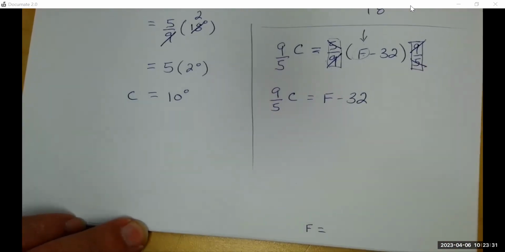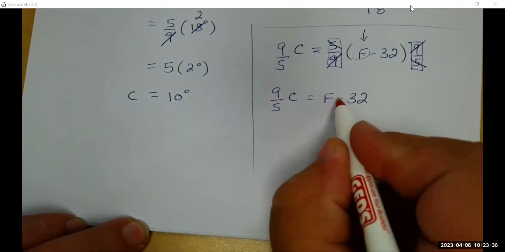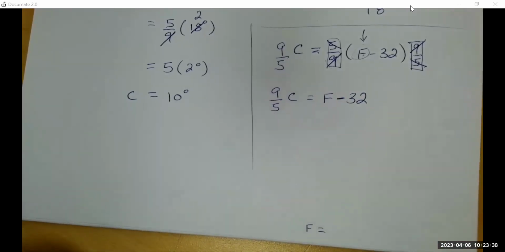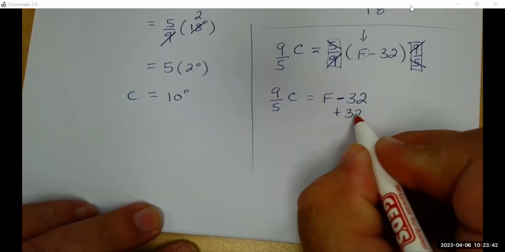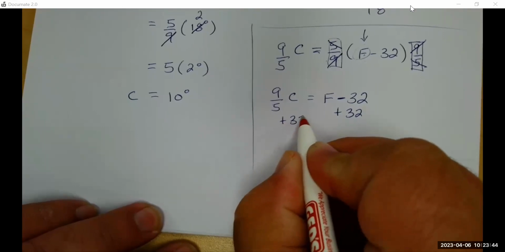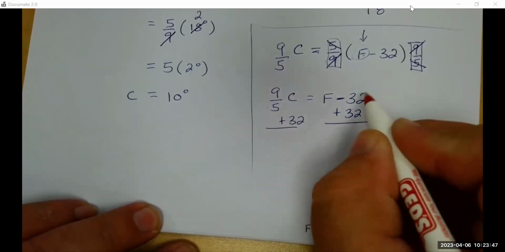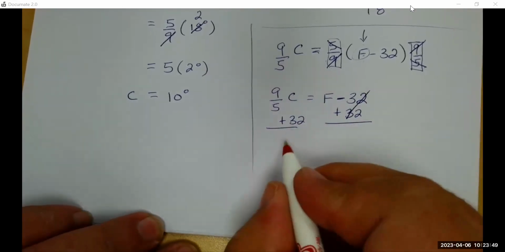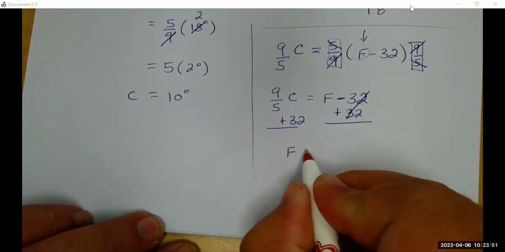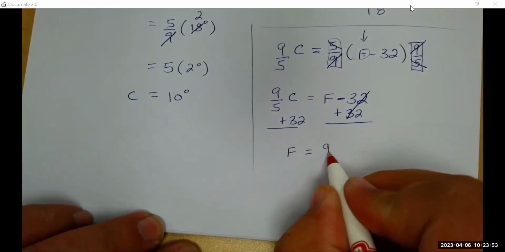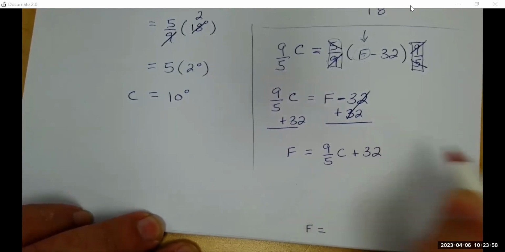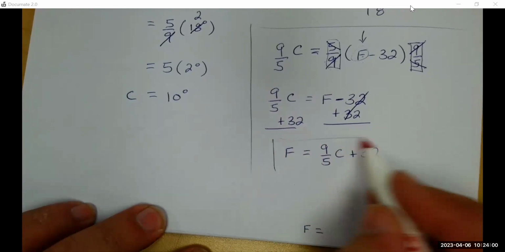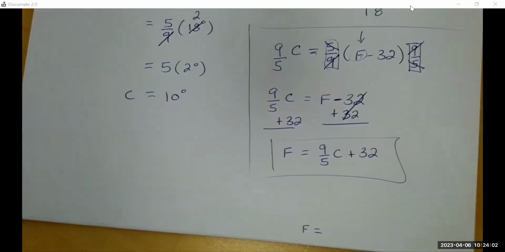What do you have to get rid of? 32. Yeah, the minus 32. What's the opposite of minus 32? Positive 32. So we add 32 to both sides. So the F is by itself now. And we have 9/5 C plus 32. And there's the formula for Celsius to Fahrenheit conversion.